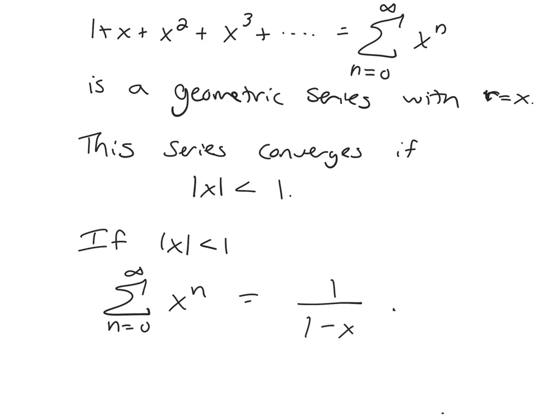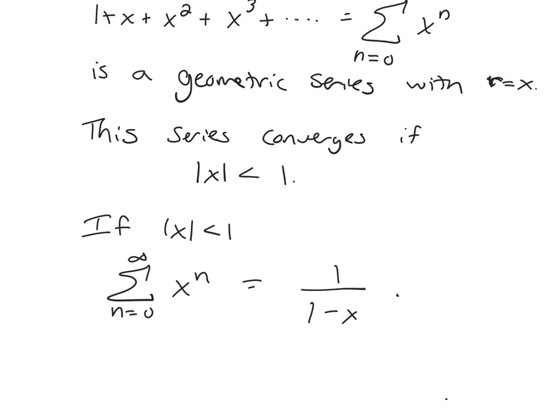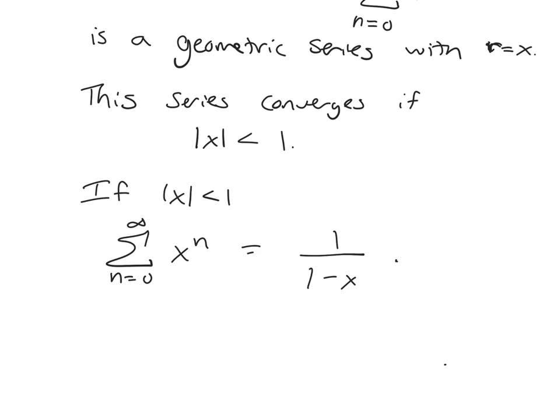So I want us to take a minute and think about what this statement is saying. Right here. So let me scoot it up a little. On the right-hand side, I have a function. And on the left-hand side, I have a power series.